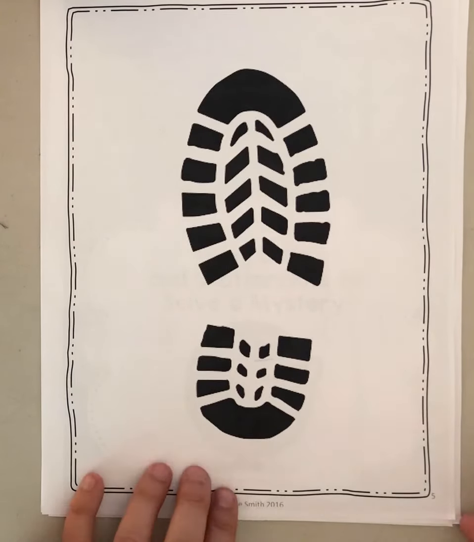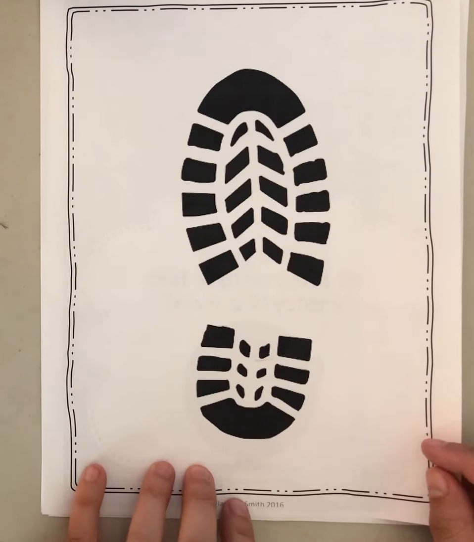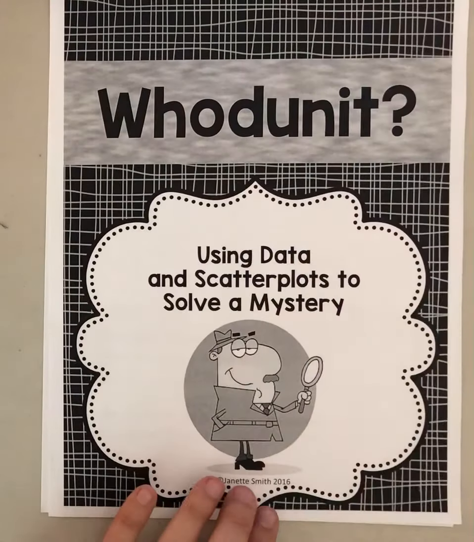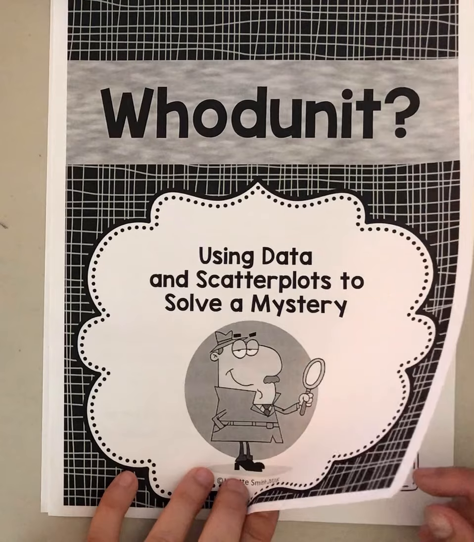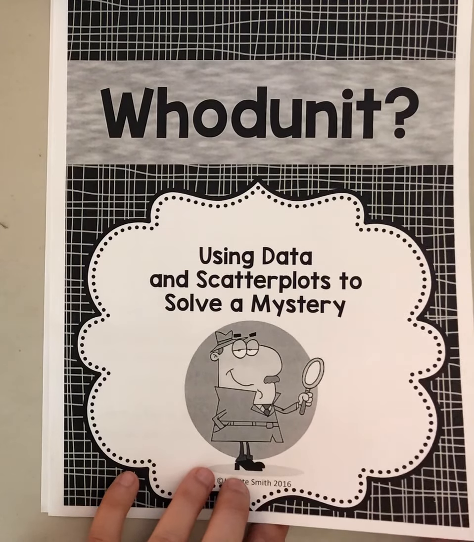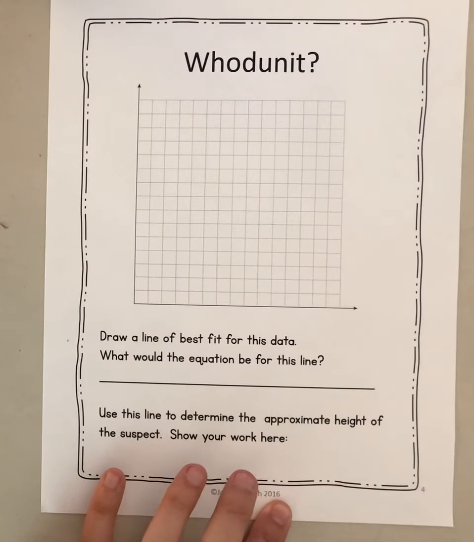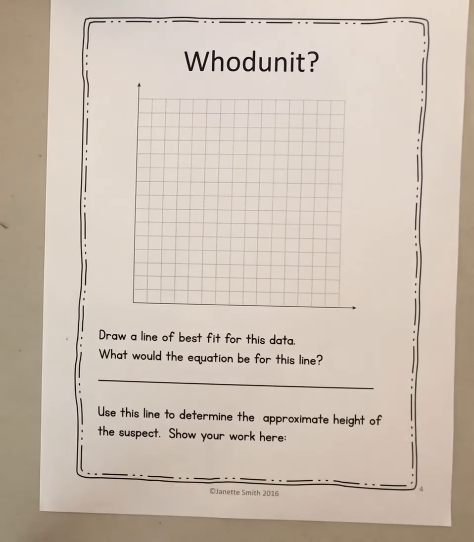So we need to use the assumption that there is a correlation between foot size and your height. So we're going to plot a bunch of data. We're going to find a trend line, which is going to act as our prediction equation. And then using that trend line, we will figure out which one of these four is our criminal.